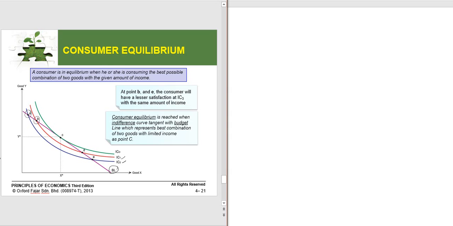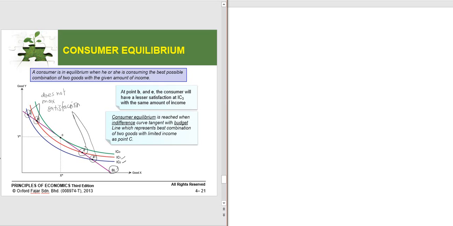So this does not maximize satisfaction. It is within budget, but it doesn't maximize the consumer's satisfaction, so it doesn't achieve the objective of consumption. Point D and point E also imply the same meaning. They are on the budget line, but they touch the lower indifference curves, so they still don't maximize satisfaction.